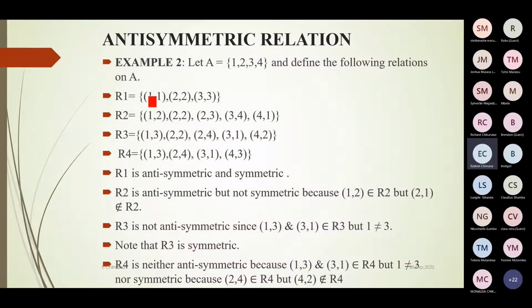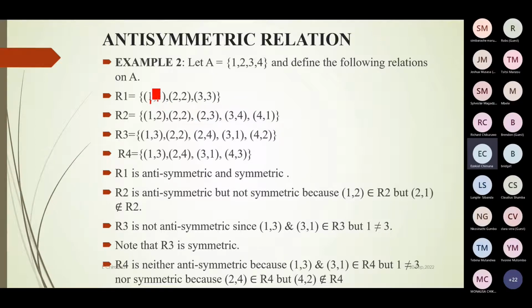Like here, we have got R1. R1 has the subset (1,1), (2,2) and (3,3). We can confirm that R1 is antisymmetric. Why?